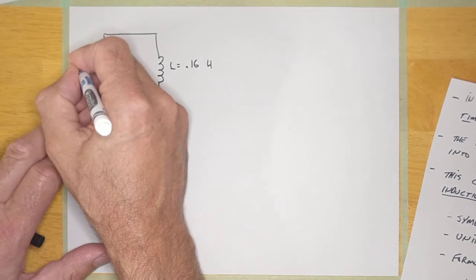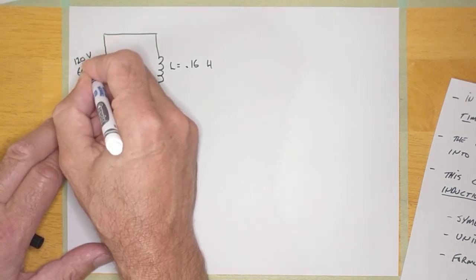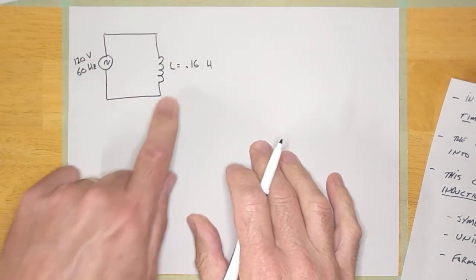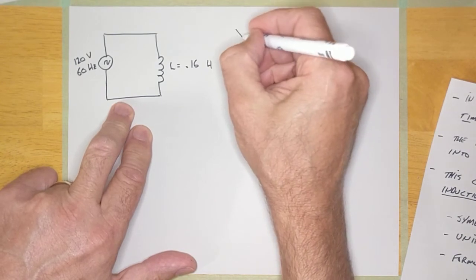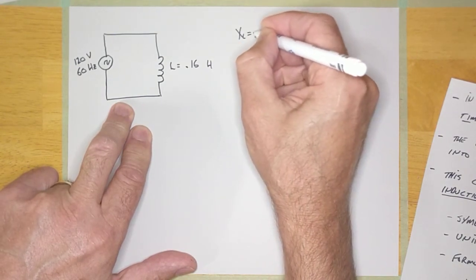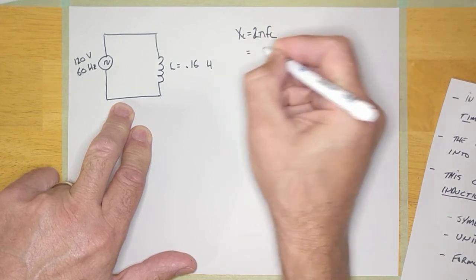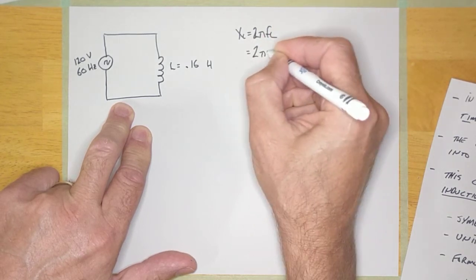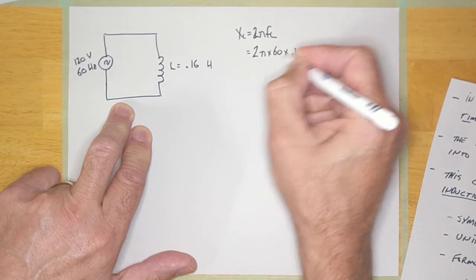This is going to be 120 volts. It's going to be 60 hertz, okay? And we're going to see how this thing behaves in the circuit using the formula XL is equal to 2 pi FL, okay, guys? And so it is going to be 2 times pi times the frequency times the inductance in henries, all right, guys?